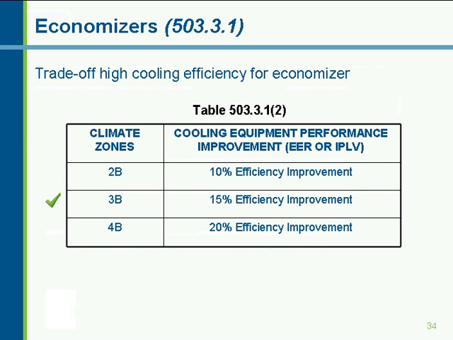It seems like that's a very common design to have a lot of PTACs there. I don't think they're generally available with economizers, but depending on climate zone, if it's in 2, 3, or 4B, you can get out of the requirement by supplying equipment with efficiencies that are greater by that amount. The higher climate zones, the cooler climate zones, you can't.